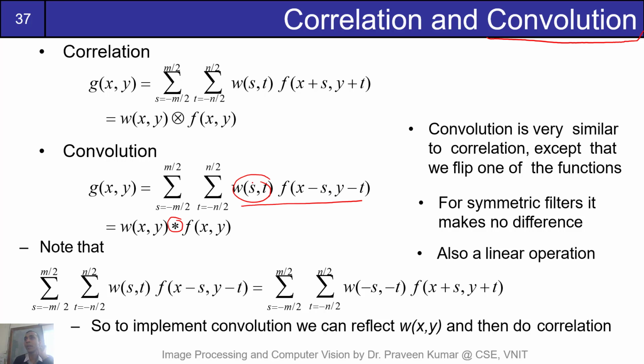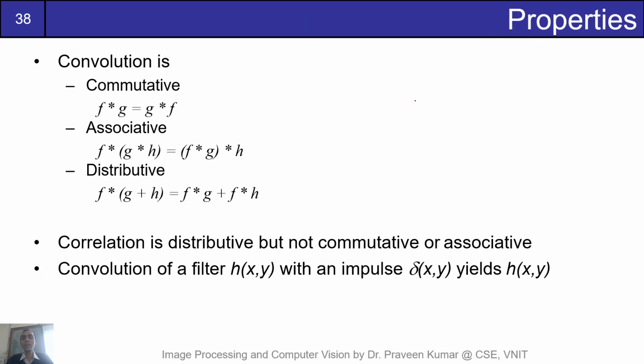But in case the filter is not symmetric, then correlation and convolution will have different notation. Generally, these two terms get used interchangeably in image processing literature because most of the time the filters that we use are symmetric. But there is a good thing about the convolution operation. Convolution has many nice properties which correlation may not have. Some of the properties we'll discuss here, and some we'll discuss later on when we go into the frequency domain.